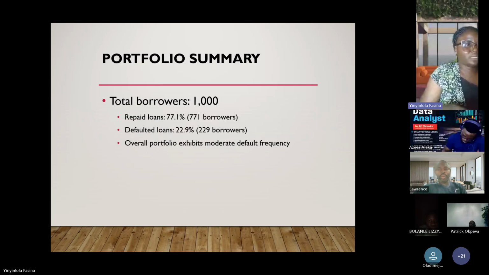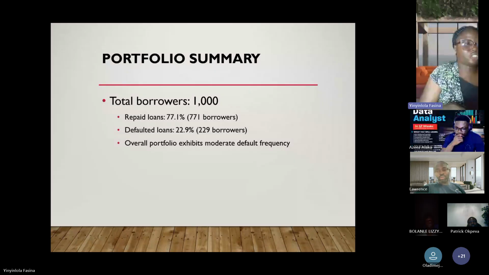As earlier stated, we have 1,000 borrowers in the data set I used. Out of this, 77.1% of the borrowers repaid the loans, about 771 borrowers, and 22.9% defaulted, that's 229 borrowers.